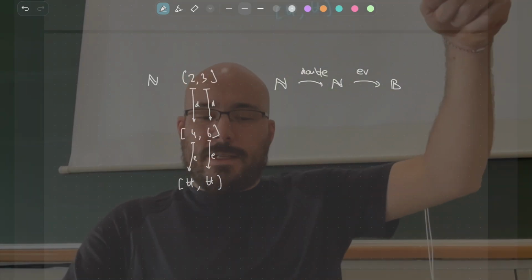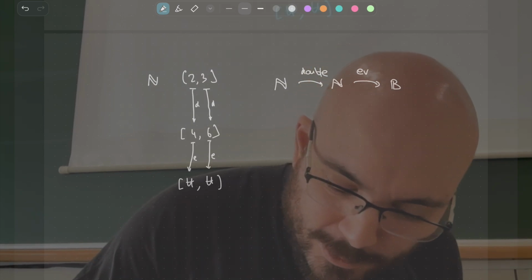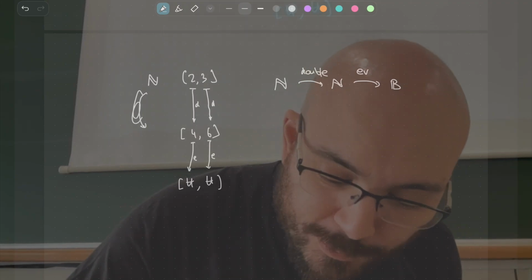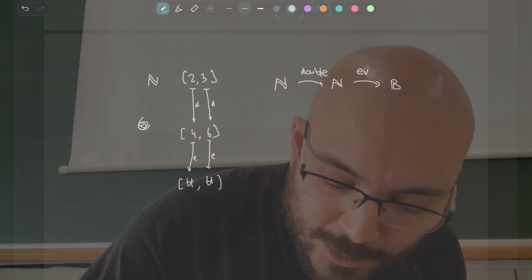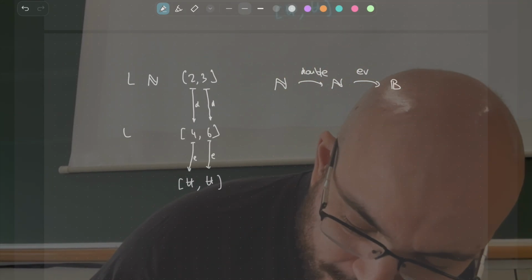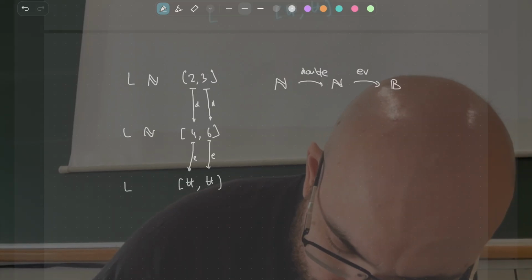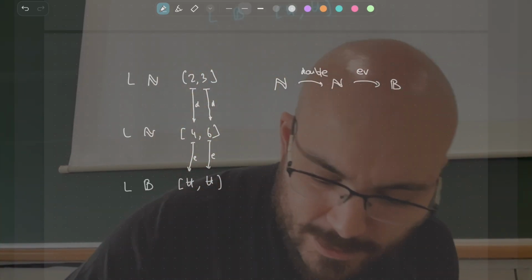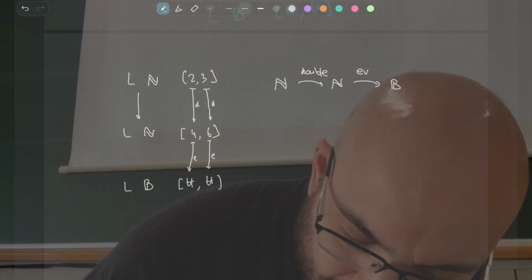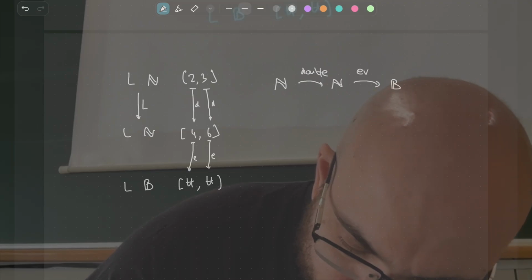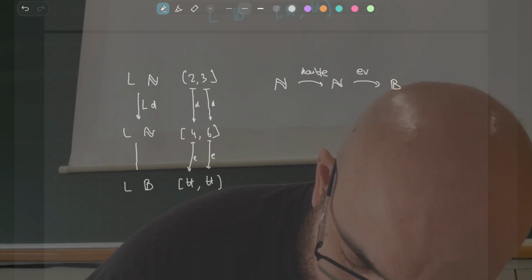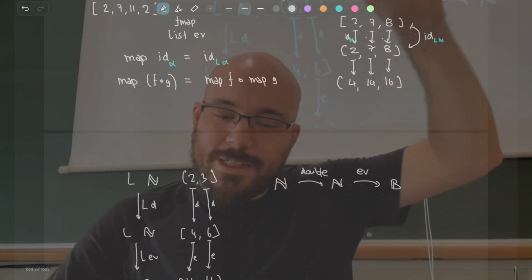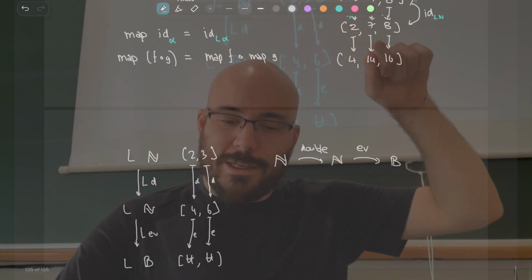And the idea is that you should have shifted functions, elevated functions that don't go from natural numbers to natural numbers, but actually go from lists of those things to lists of those things. So you have the big versions of double and the big versions of even. So let's call that, I will use a proper name, L double, and this is L even. So this law that you said, it's not really a composition of compositions.